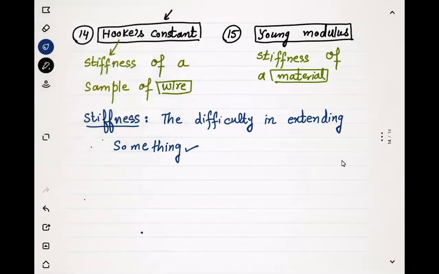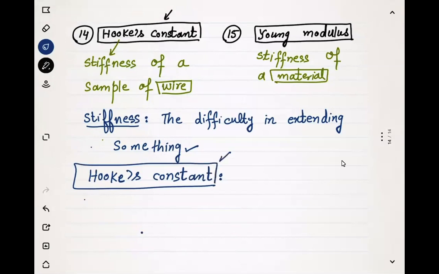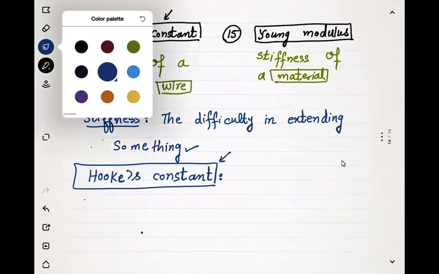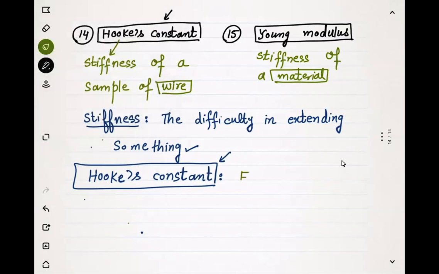What is the exam definition of Hooke's constant? Hooke's constant basically is how much force you need to extend an object by 1 meter. If the force needed is more, then obviously the object is stiffer and Hooke's constant is a higher value. So Hooke's constant by exam definition is force needed per unit extension. Here per unit extension means an extension of 1 meter.